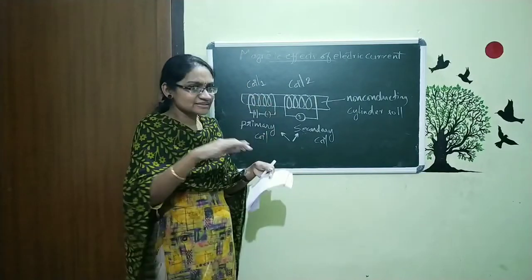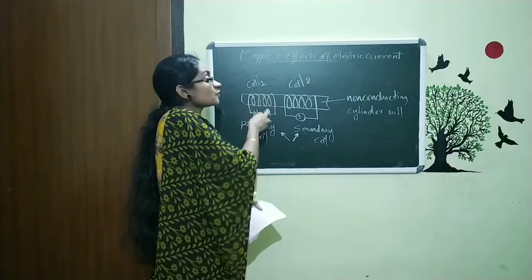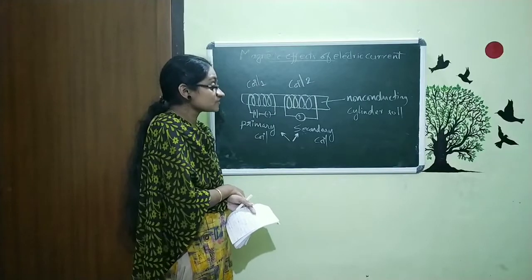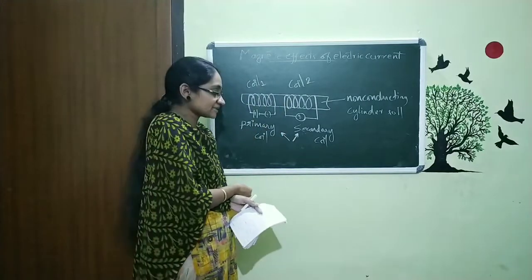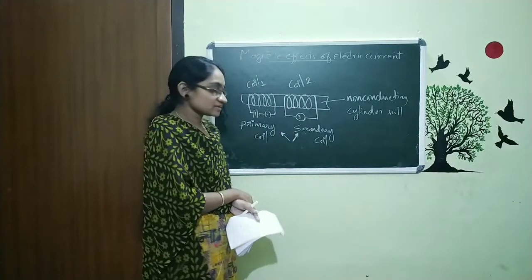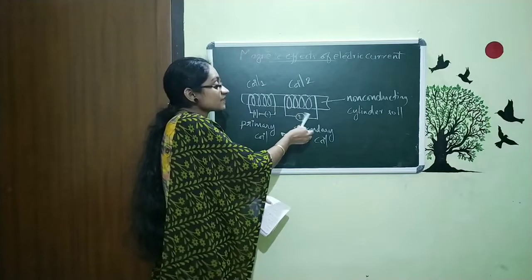At the initial stage, there is no magnetic field. And when the electricity starts to flow, there occurs a change in magnetic field. That change in magnetic field influences the next coil or next conductor. That's how they induce electricity, and that's how they produce the deflection.